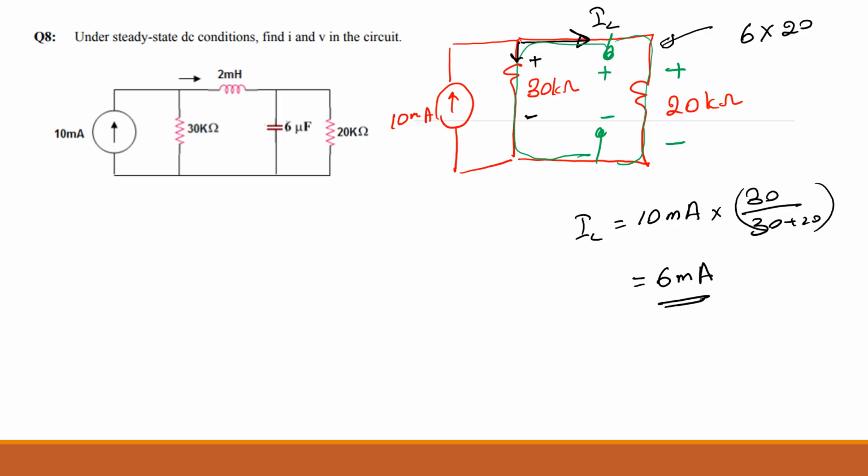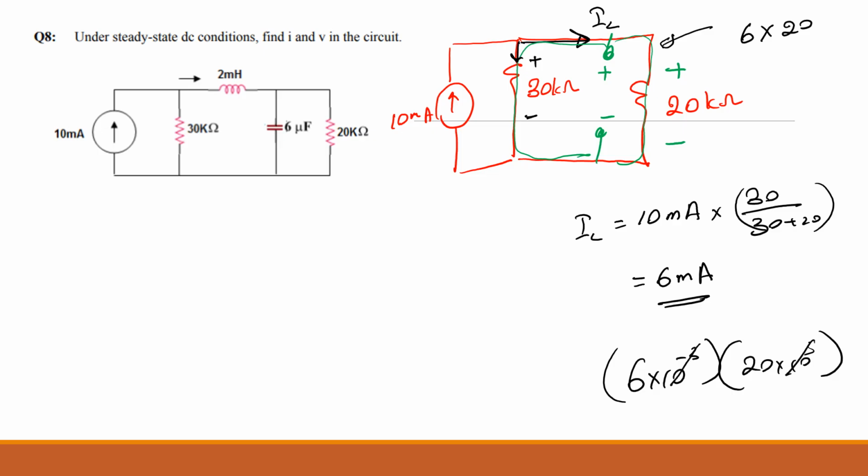So 6 times 10 to the negative 3 times 20 times 10 to the positive 3, for milliamps to amps and kilo ohms to ohms, and these two will cancel out.